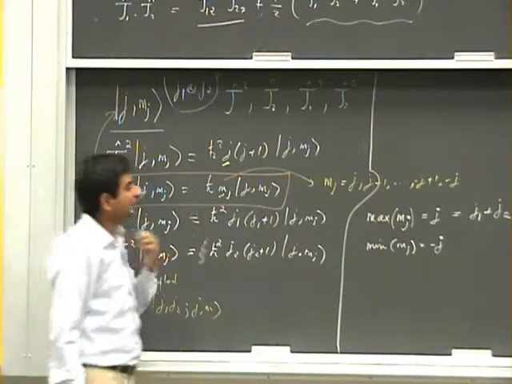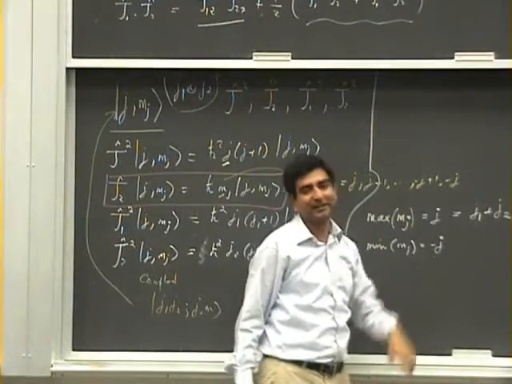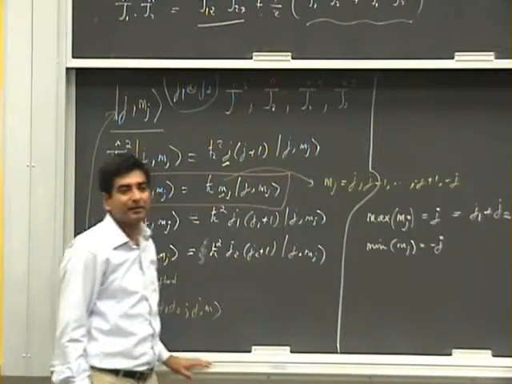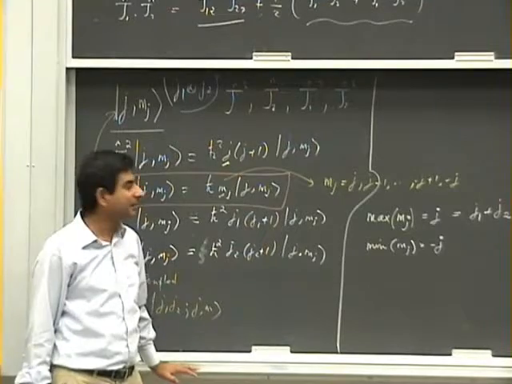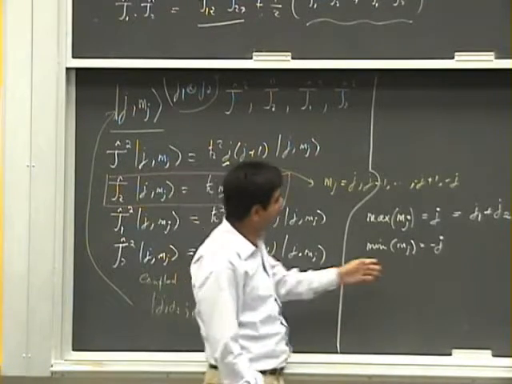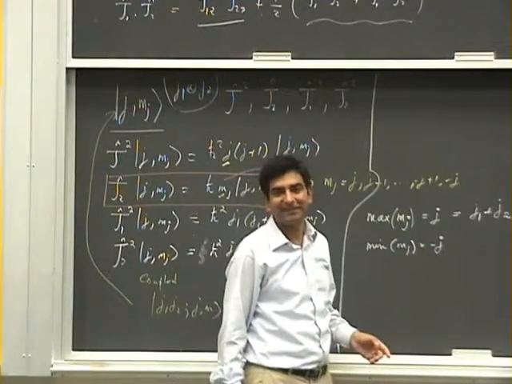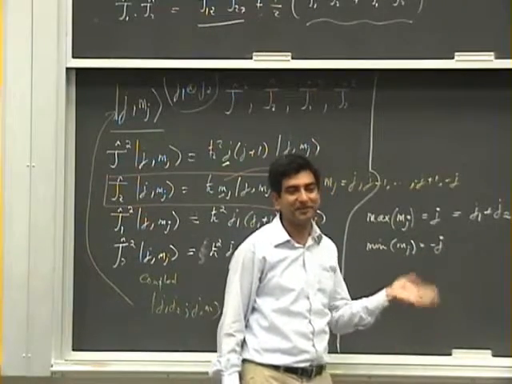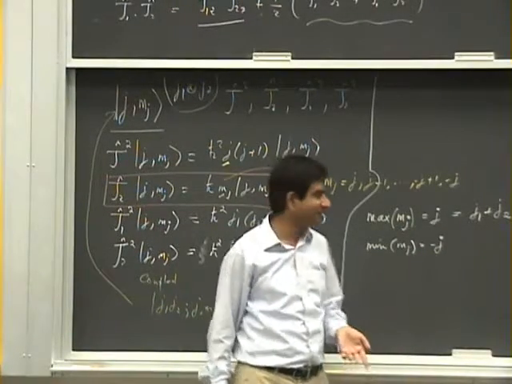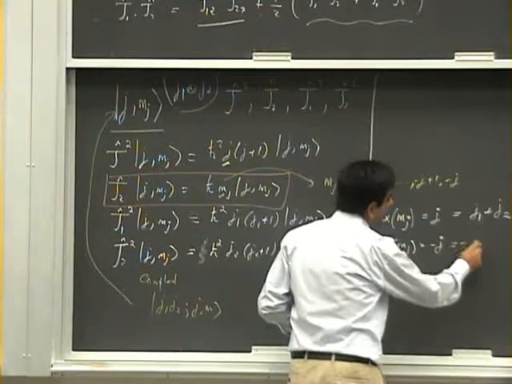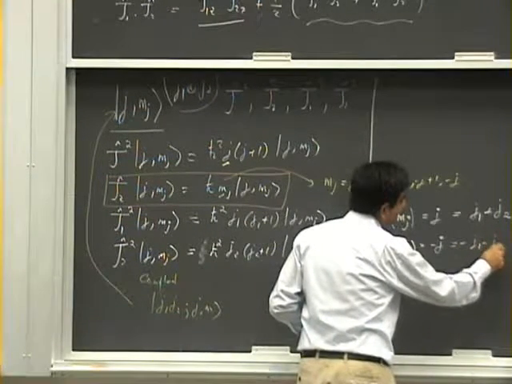So now this is the maximum value of j that I can get. The minimum value of mj, which is minus j, is of course likewise minus j1 minus j2.